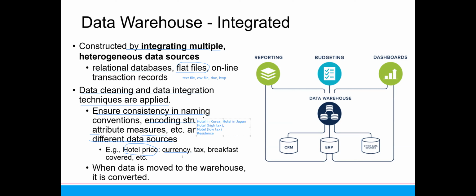Breakfast cover, yes, that kind of thing will be counted for the data warehouse. When the data move to the warehouse, it is converted. Sometimes it can be 1 or 0: if breakfast is covered, 1; if breakfast is not covered, then 0.